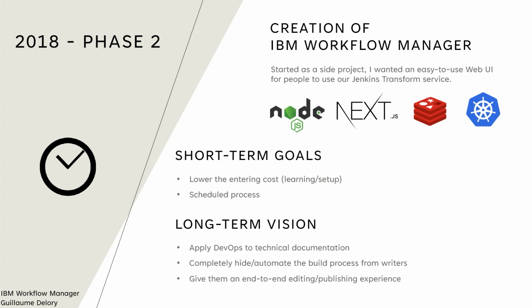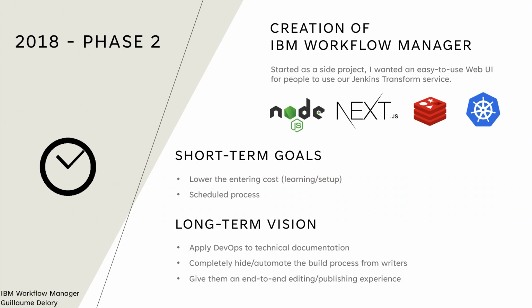So that's how I started the IBM Workflow Manager, which is basically a web application, a cloud application, which is a layer on top of Jenkins, which is a layer on top of the DITA-OT, so it's completely transparent for users. So when I started that, I had kind of two sets of goals in mind, because I had to convince my managers that it was a good idea, since it was more a side project at first.